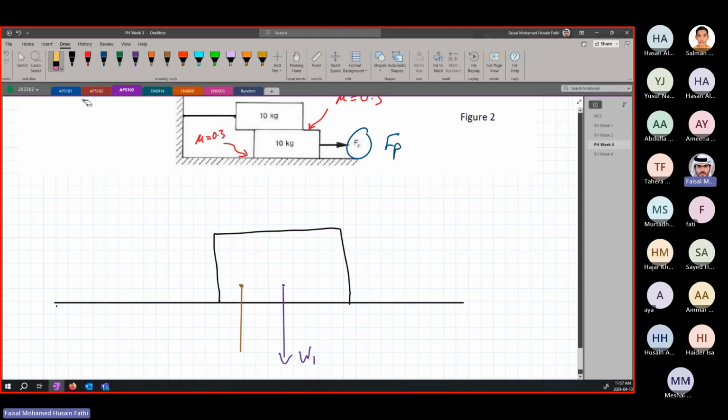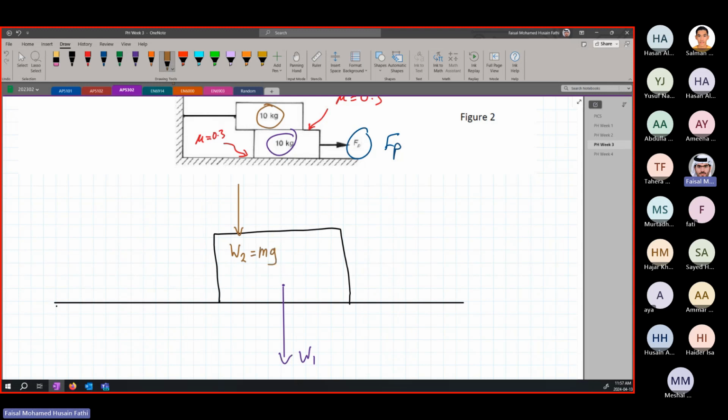The weight of the other one is going to be applied over here. This is the weight of the second block, and this is the weight of this block. Remember that both W's are equal to mg, and the masses are the same. They're both 10 kilograms, so m is equal to each other.